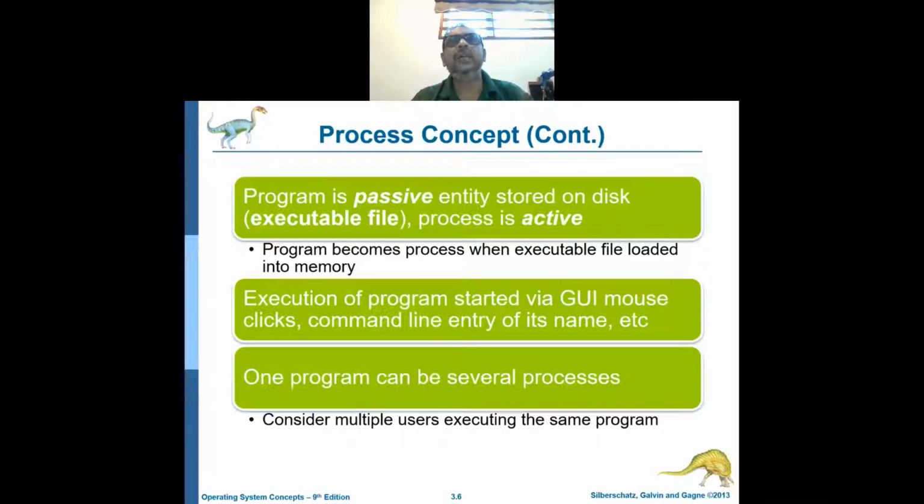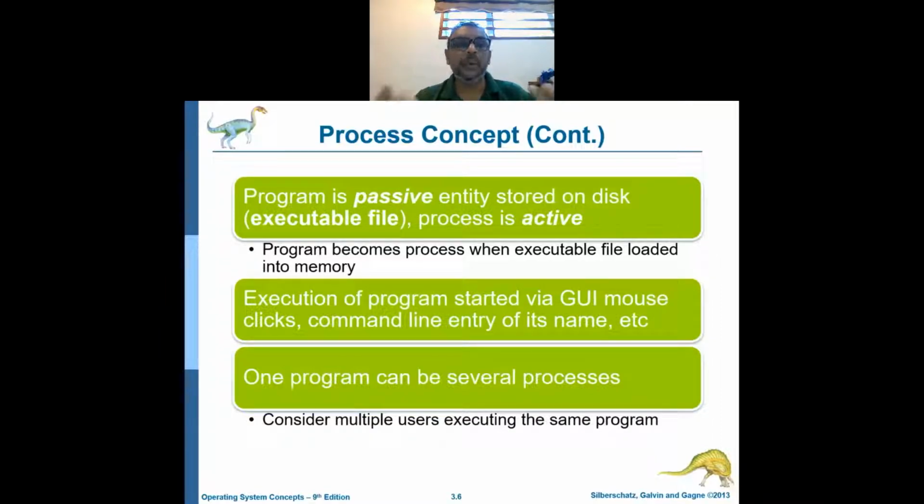What is an executable file? You can see those files that have .exe, so those are executable. However, a process is active. Once you double click on this exe file, it becomes an active program. Thus, we call it a process.